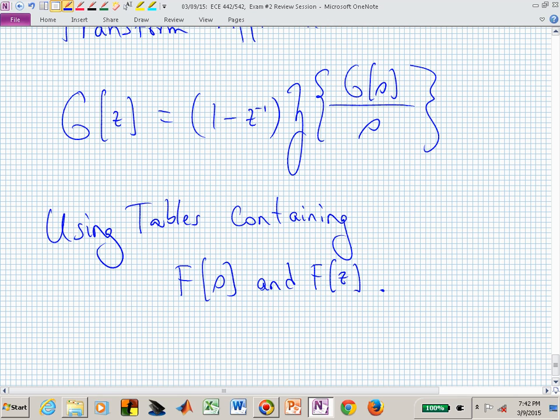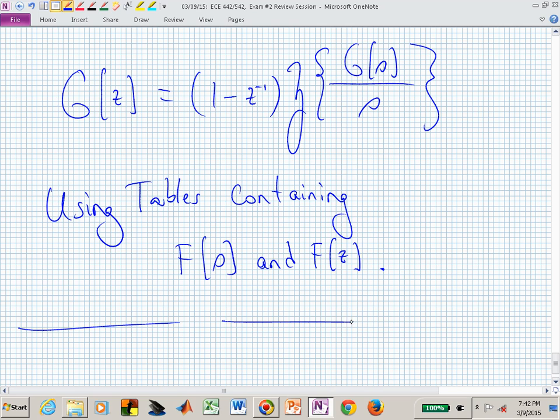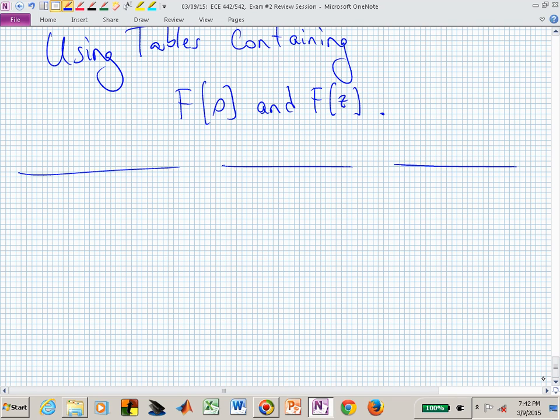That's the transform approach. You could be asked, like on the homework, to do it via the state space approach.